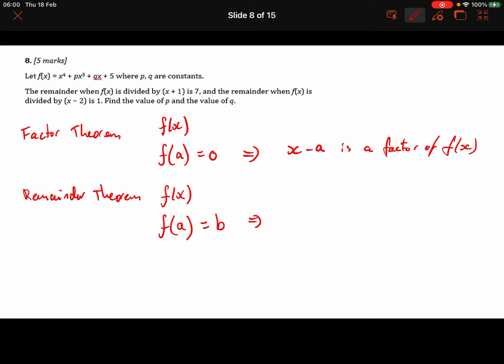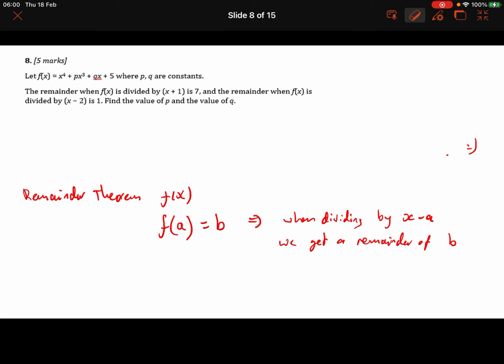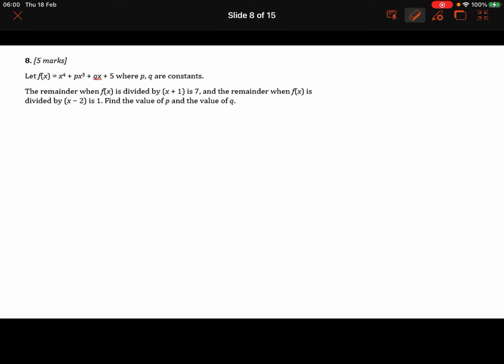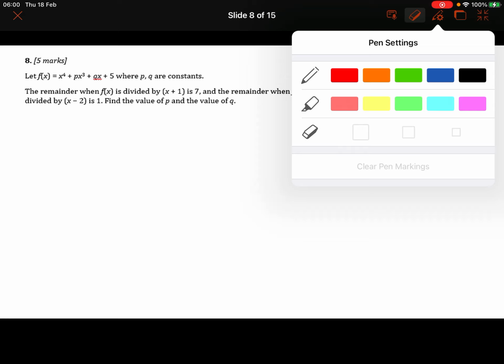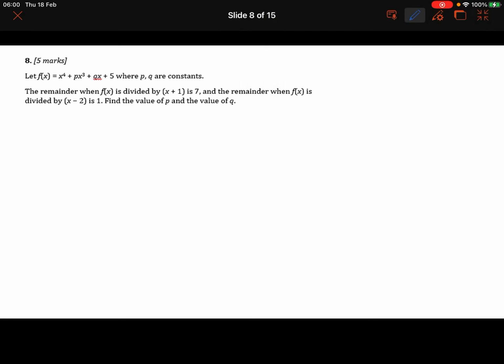Then, when dividing by x minus a, we get a remainder of b. Okay? So we can basically use that fact in reverse. I'll write those rules down if you need. Very, very important rules to remember. We did learn them a long time ago.